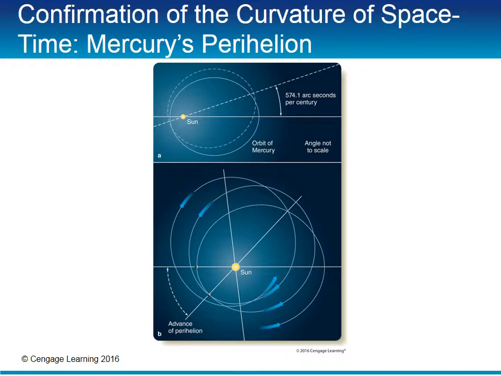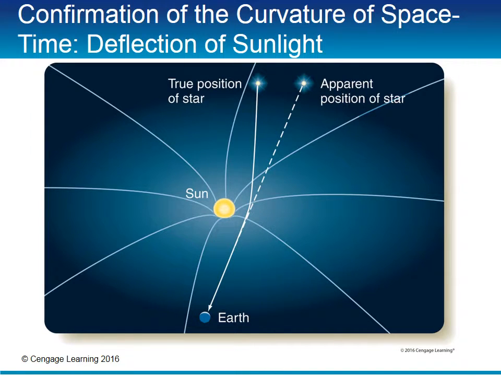The advance of Mercury's perihelion is exaggerated by a factor of about 1 million in this figure, where you see the orbit of Mercury around the Sun. Like a depression in space-time, the curved space-time near the Sun deflects light from the distant stars and makes them appear to lie slightly farther from the Sun than their true positions.